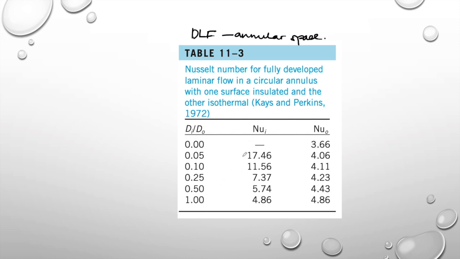When you refer to this Nusselt number I, it is for when the tube is heated. Whereas the other one is for when the tube is cooled.